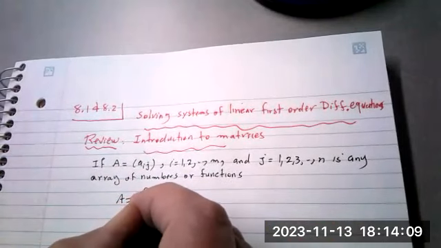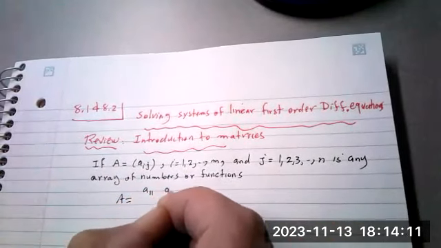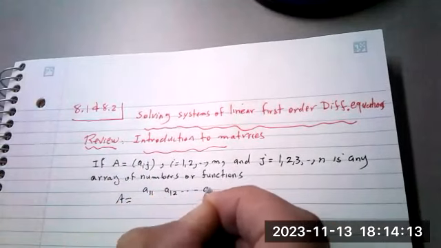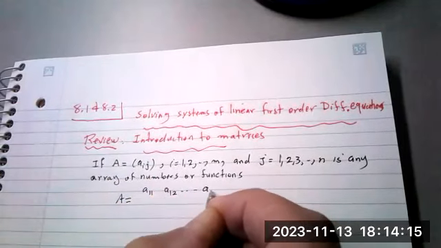So in general, A is going to be a matrix: A11, A12, up to A1n.